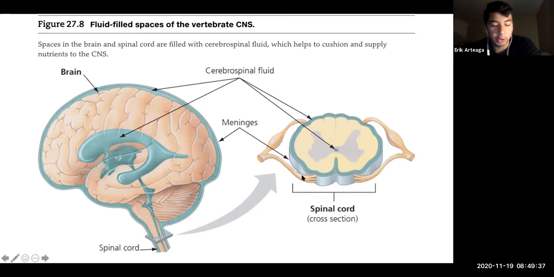If you've ever heard of a spinal tap, where an individual needs to have their spinal fluid checked, they get a spinal tap actually in their spine. So not close to their brain, but in the lower spine, and they inject and suck out some CSF, or cerebral spinal fluid. And this is what they're collecting.